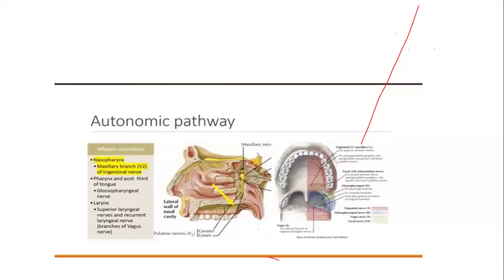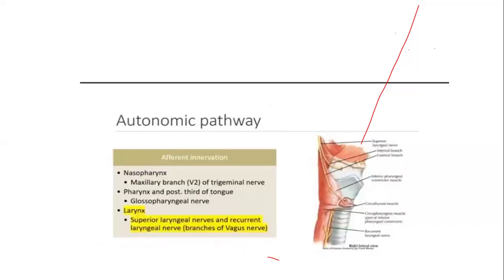So the afferent innervation, the nasopharynx, is the maxillary branch of the trigeminal nerve. Then for the pharynx and posterior third of the tongue, the glossopharyngeal nerve is the sensory innervation. And for the larynx, the superior laryngeal nerve and recurrent laryngeal nerve are the afferents that are very important.